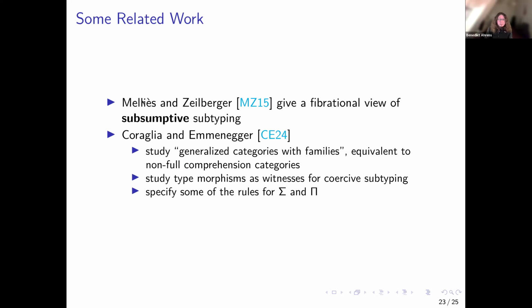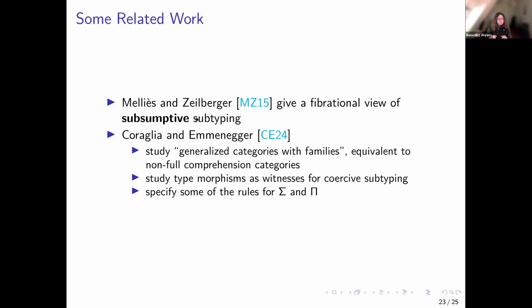Firstly, there's a paper by Méliès and Seilberger, or actually I think several papers. They give a categorical semantics, a fibrational view of subsumptive subtyping. So the difference between subsumptive subtyping and coercive subtyping, at least to the extent that I understand it, is that in subsumptive subtyping, you don't have a trace.